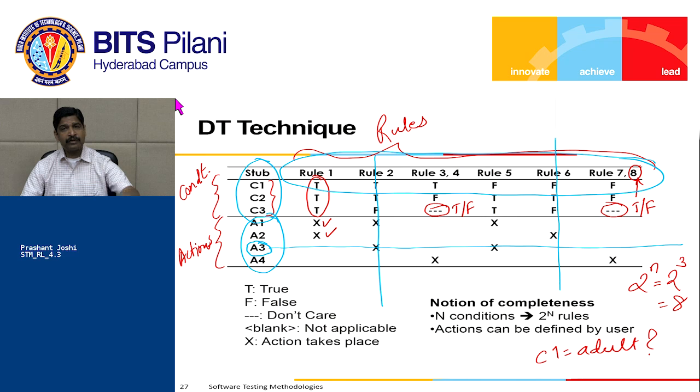Or if my condition is going to change and behave differently, I exactly know what is going to be the impact on the action and what needs to change, which test case needs to change. So this provides me a built-in traceability.